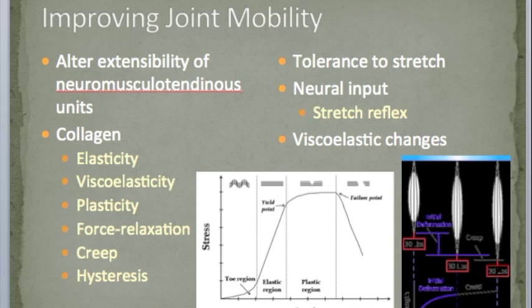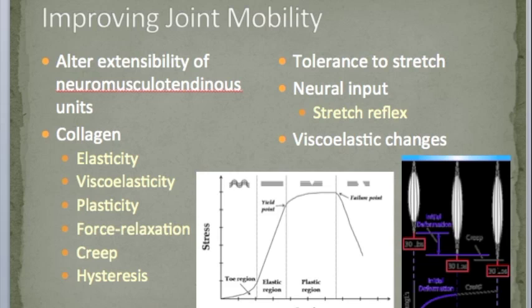We don't want the system to fail. If the system fails, that means something's torn or strained or unhappy. So we want to have the system adapt. How do you make the system adapt? You have to push the system beyond what it is currently doing. And the more you push the system beyond what it's currently doing, the more improvement you'll get, or the more change you will see.